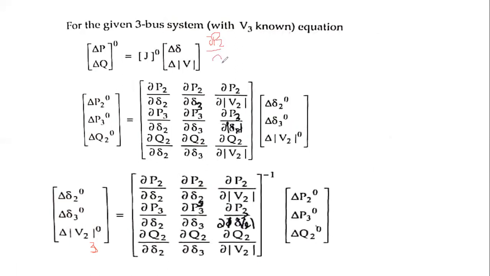Dou P2 by dou delta 3 is equal to minus of sigma k equal to 1 to n, k is not equal to i. We are writing like this only.